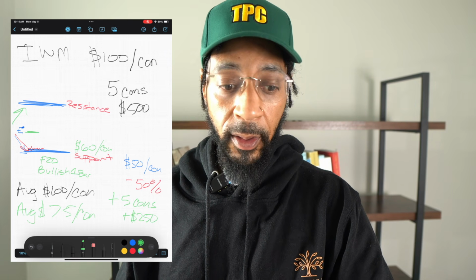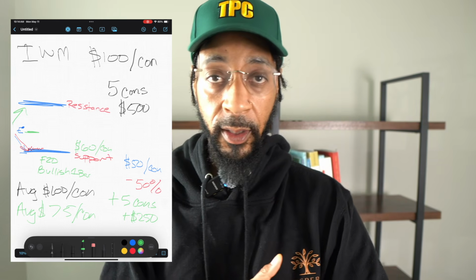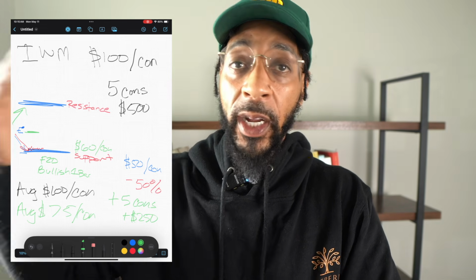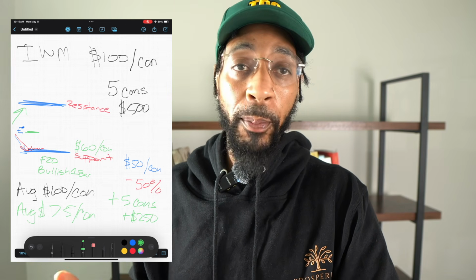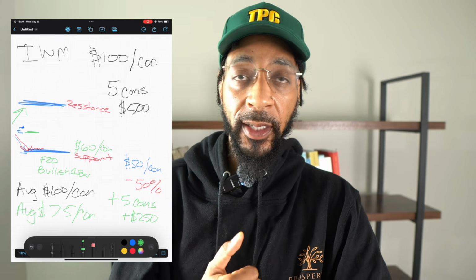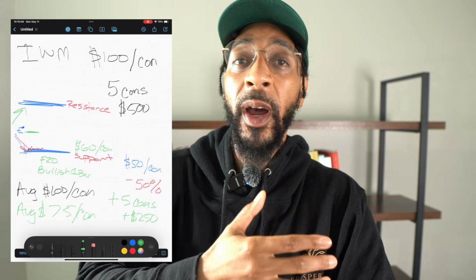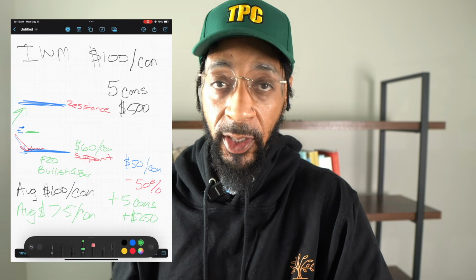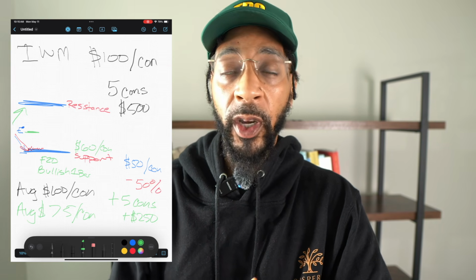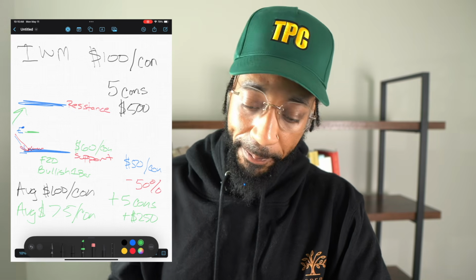Now, obviously, it could go a multitude of different ways. You could add more contracts and drop your cost more, but the risk is, if you add more contracts, you could potentially lose more money if the stock keeps going in the opposite direction. So that is something that you always want to pay attention to, right?